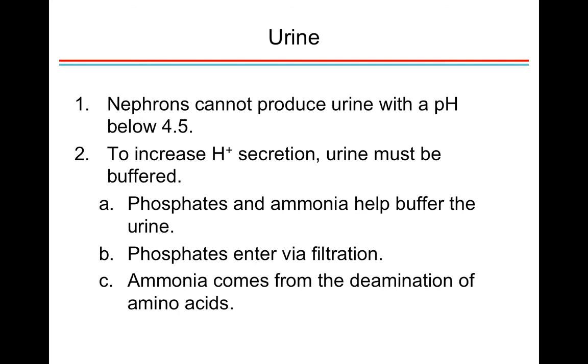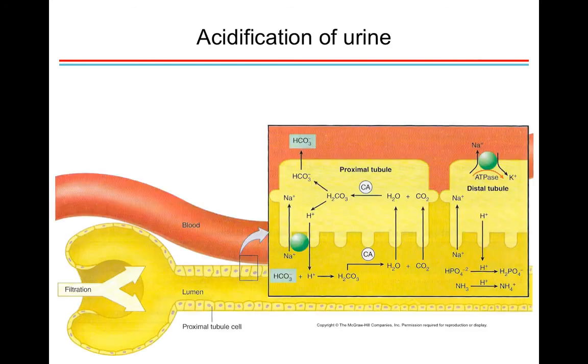So the way to get rid of the hydrogen ions is to carry them on reduced phosphates or ammonia, as shown here. These two molecules critically allow the safe passage of the hydrogen ions as the urine travels through the bladder to exit through the urethra.